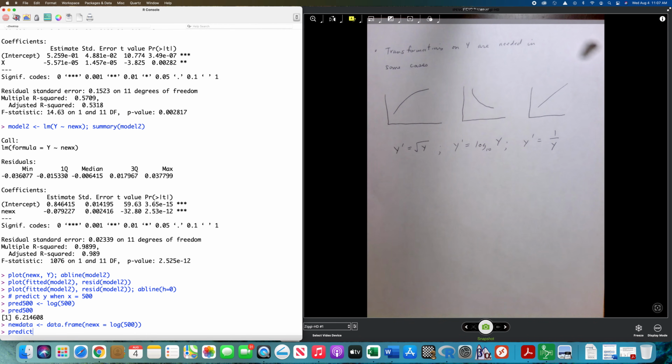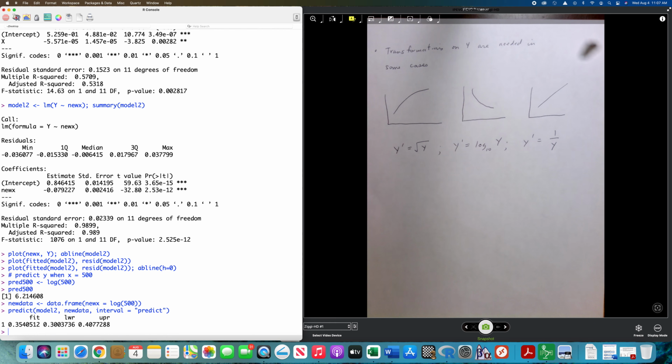And I would use the predict code in R. So I need my model name, which is model 2. And I'm going to use new data from the data frame that I just created. And I want to use the interval predict.